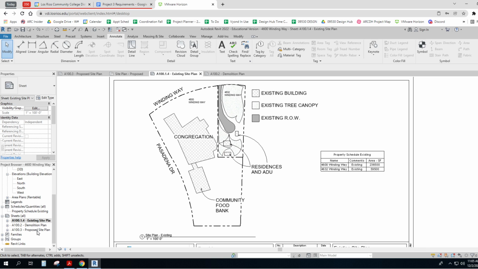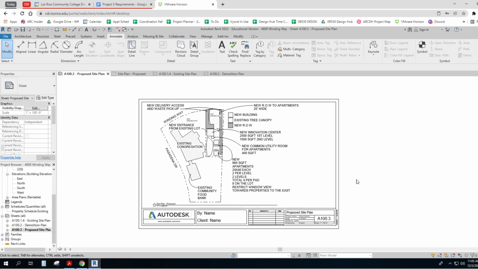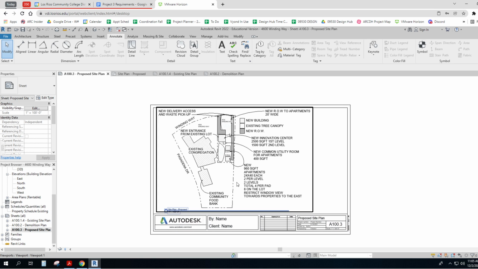So then I went to my proposed plan first because I have to figure out what I'm proposing to do before I do a demolition. So let's look at my proposed plan. And you can see it's much the same. I just did a duplicate of this site and I put in a couple of new regions.